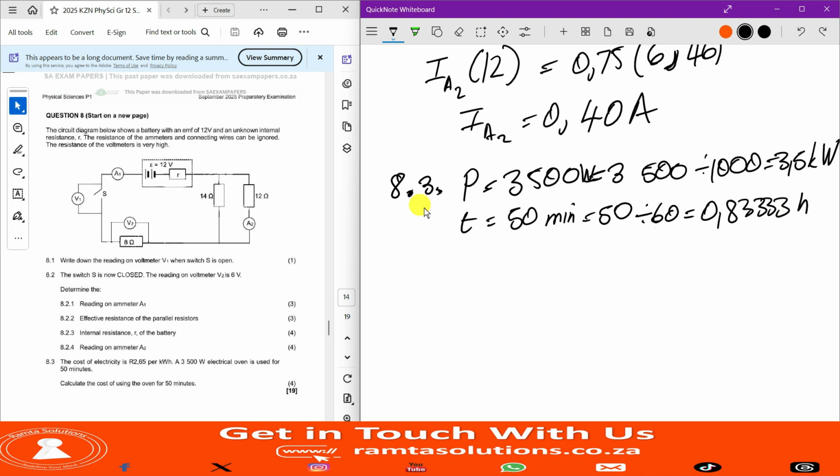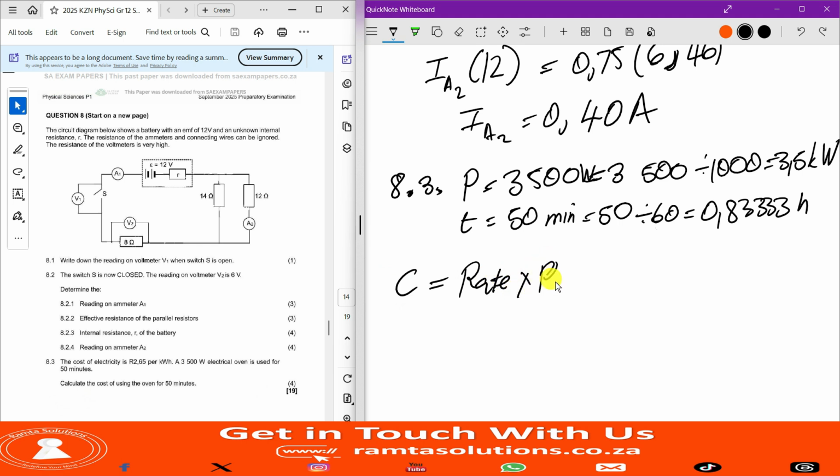All right. So now, calculate the cost of using the oven for 50 minutes. So cost equals rate multiplied by power multiplied by time. So what is the rate given here? It is 2 rand 65 cents. And then what is the power in kilowatts? It is 3.5. And what is the time in hours?